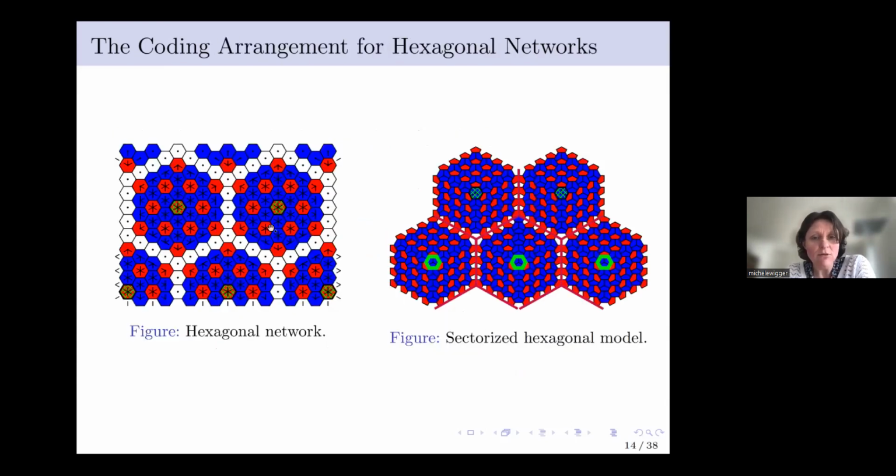Okay, and we can do a similar trick also for the other networks, for the hexagonal networks. What we have to make sure is that we pick the fast so that they don't interfere. So we don't have interference from fast to fast, but only from slow to fast and from fast to slow.